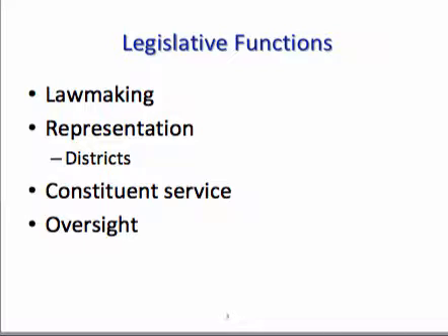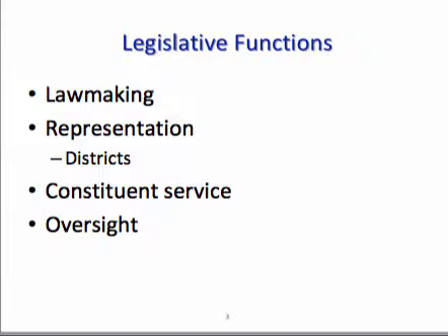The people in the legislature are elected from districts. Those districts are set up and drawn by the legislature themselves. And we're going to talk later about the issue of gerrymandering, which occurs at the state level. In other words, for the state legislatures, just as it occurs for the U.S. Congress.